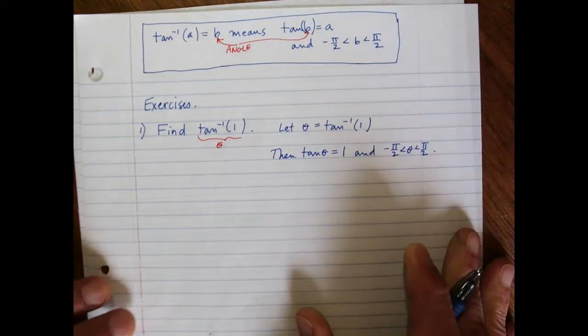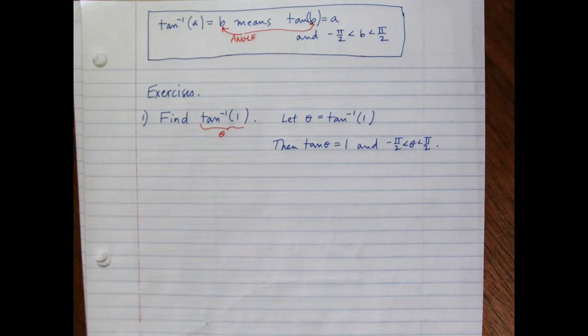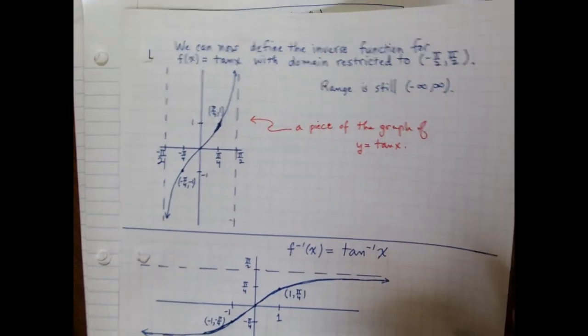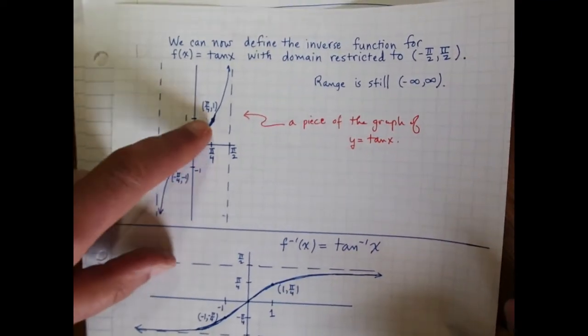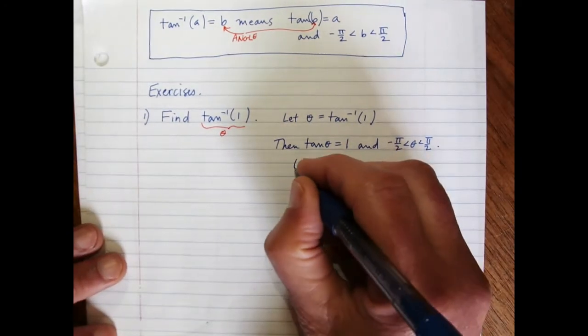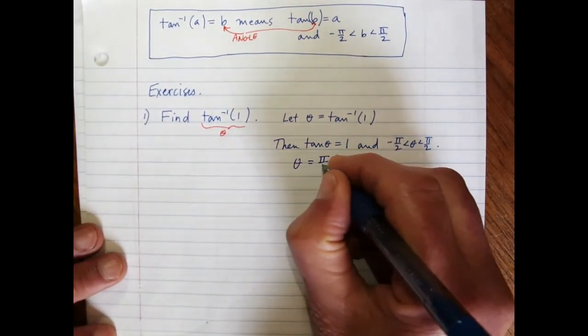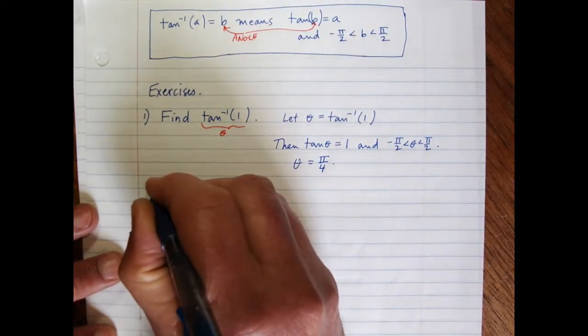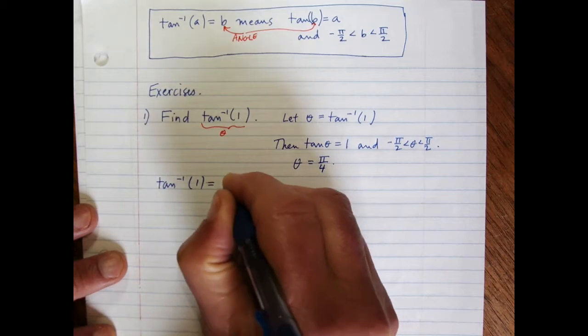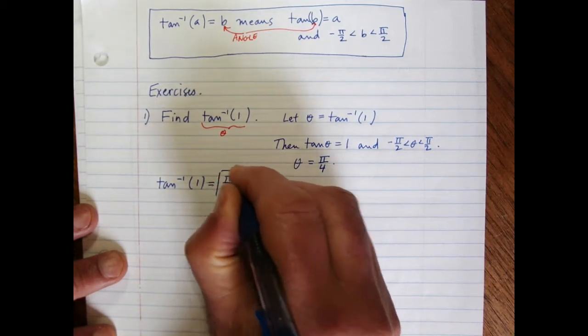Now, sometimes that interval will be essential for us to note. Sometimes it won't be so essential. Here, whether we look at our graph of tangent or inverse tangent, we know tangent of pi over 4 is 1, so theta is pi over 4, or 45 degrees. Tan inverse of 1 is pi over 4.